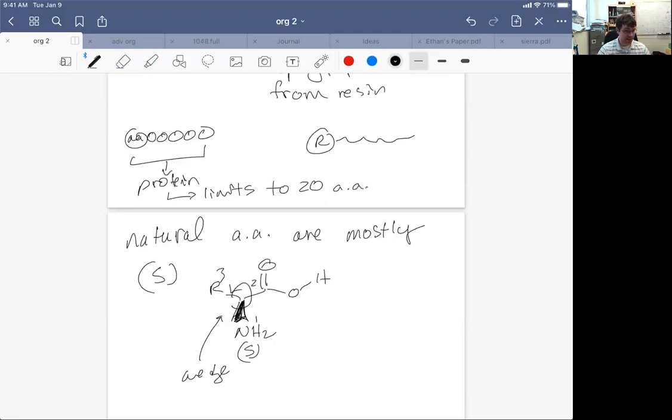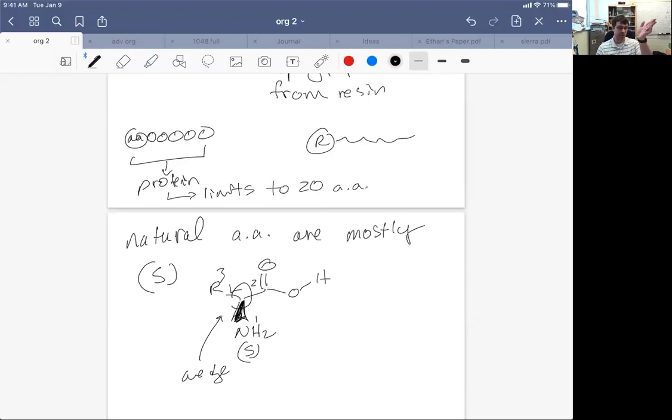It turns out it's not because they rotate light levorotatory. In fact, a lot of the amino acids actually rotate dextrorotatory, and so by definition, you probably should call them the D amino acids, but then that would confuse everything for the last 60 years of biochemistry research. So most of them are S.